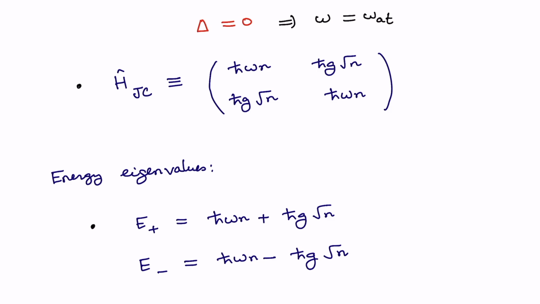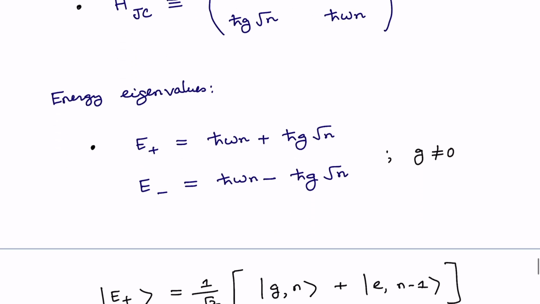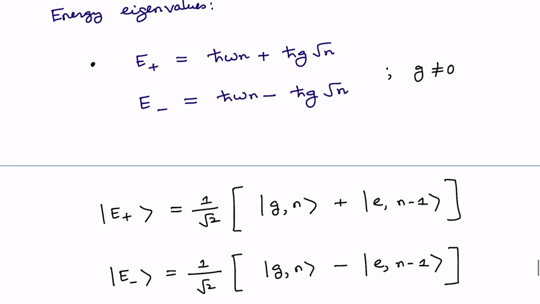And what you see is that because of the coupling, because here g is non-zero, the degeneracy in the energy level is getting lifted. Also you can find out the energy eigenstates corresponding to these energy eigenvalues E plus and E minus.